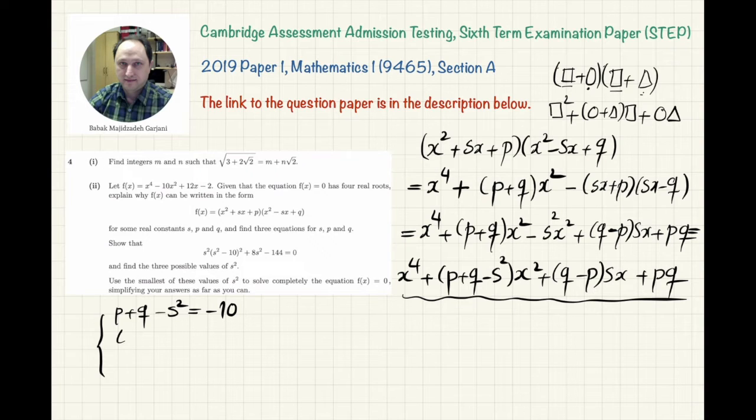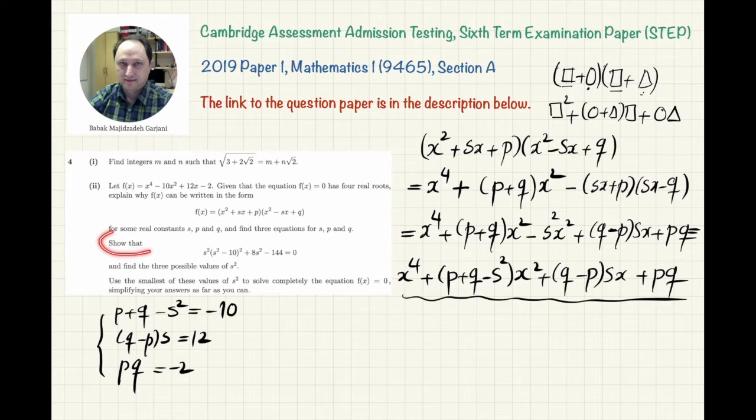Then (q minus p) times s is 12, since the coefficient of x is 12. And then pq should match minus 2, so pq is negative 2. These are the three equations for s, p, and q demanded by the problem.